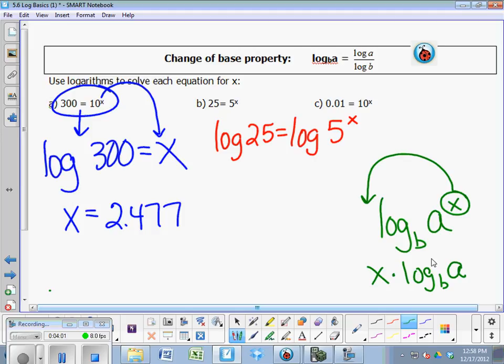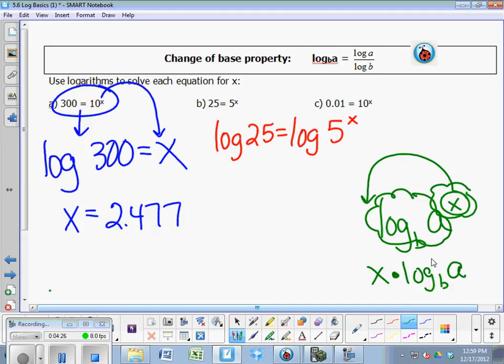When you log something, it is an exponent. You're finding the exponent. So what would you do with an exponent to an exponent? Multiply them. Okay? That's where the rule comes from. There's a proof that we can do later this week, which I will offer if you know how to do the proof to earn some bonus points.